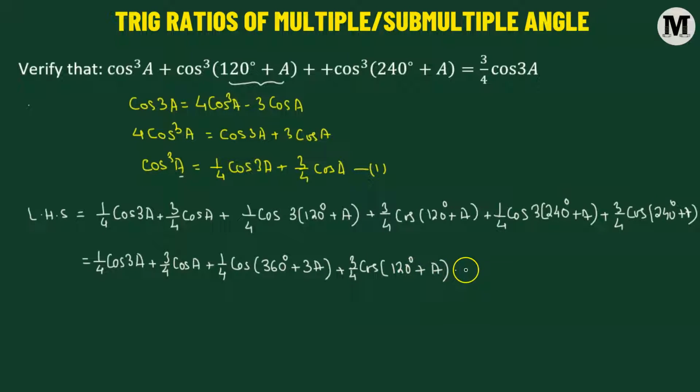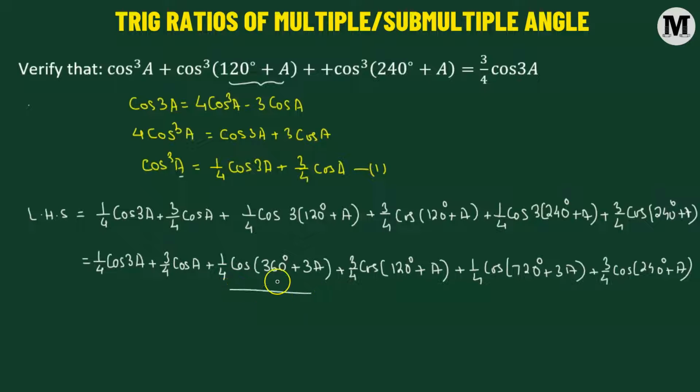Next we have 1/4 of cosine of 3 times 240, so that's going to be 720 degrees added to 3a, plus we have 3/4 of cosine of 240 degrees plus a. Fine. Now except for the first term and the second term, we will simplify the remaining terms.